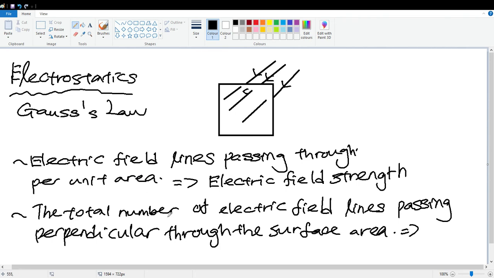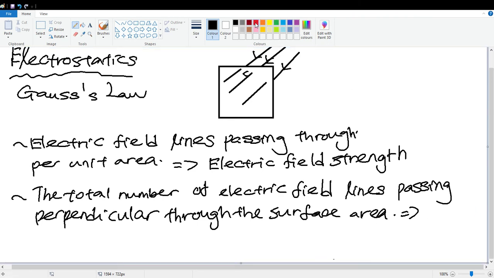And this other one, which is the new thing, is the total number of electric field lines passing through the surface area of the metal plates. So the surface area is actually meant by the total surface area that passes through by the electric field lines. So this, what we call, is the electric flux.